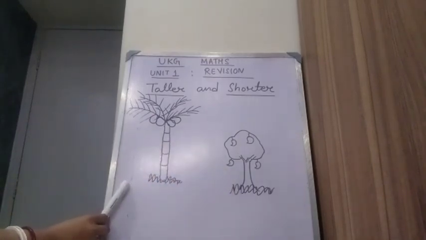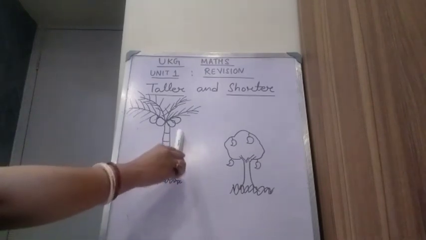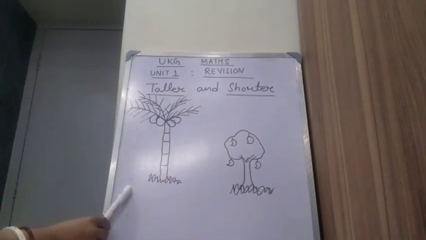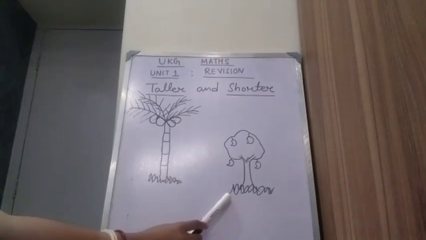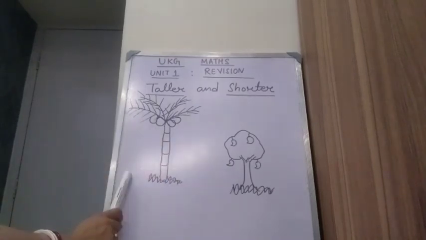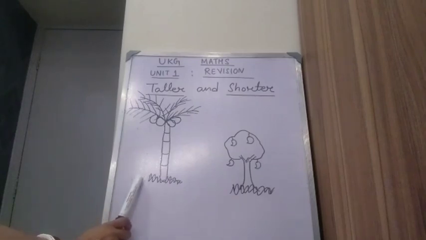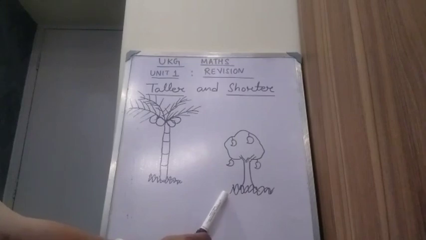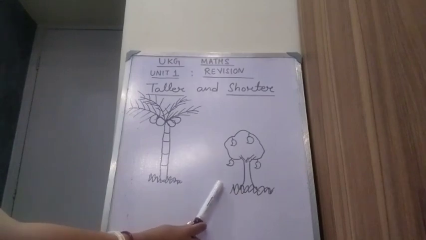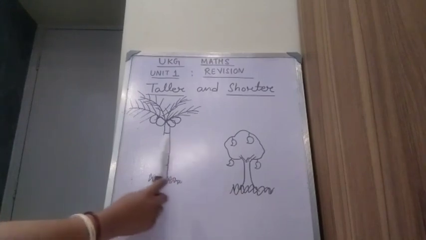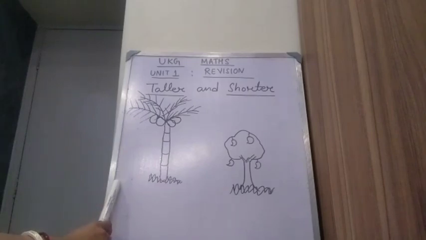So, when we have two objects that are not equal in heights, then we can say one object is taller and the other one is shorter. So here what we can see, the coconut tree is taller than the mango tree, or we can say like this, the mango tree is the shorter one or shorter than the coconut tree. Clear? Now all of you see the exercise.